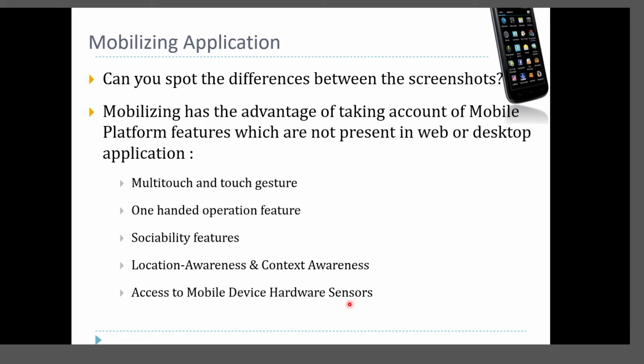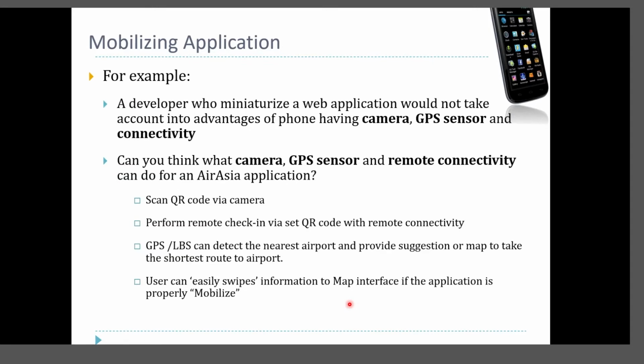There are many hardware sensors inside the mobile device, such as the camera, sound, microphone, and then accelerometer. And inside accelerometer, we have gyroscope, gravity sensor, and so on.